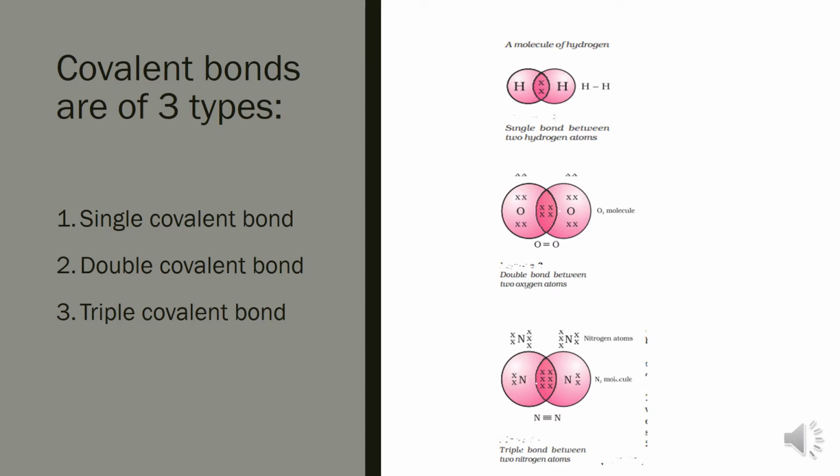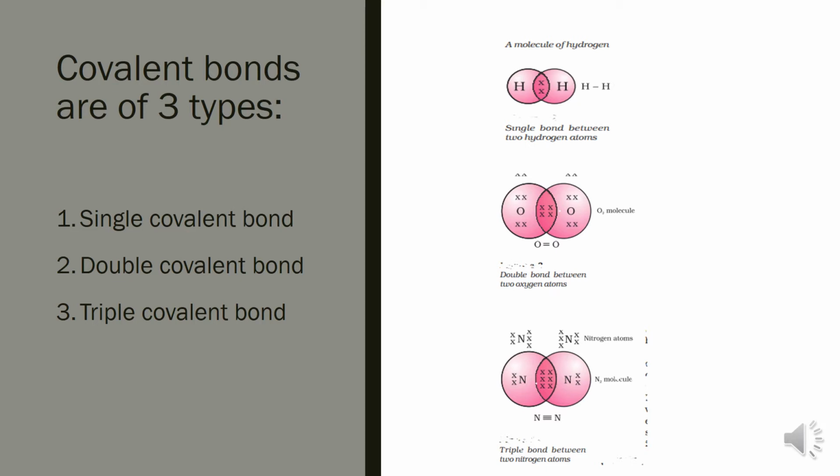Children, covalent bonding happens in so many examples like the diatomic molecules H2, Cl2, O2, N2 and so on. In the formation of a covalent bond between two nonmetals, each nonmetal shares 1 or 2 or 3 electrons with the other atom.